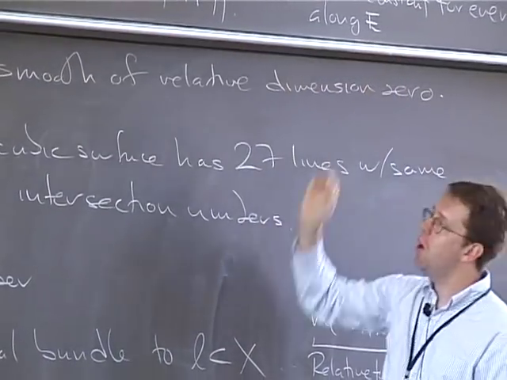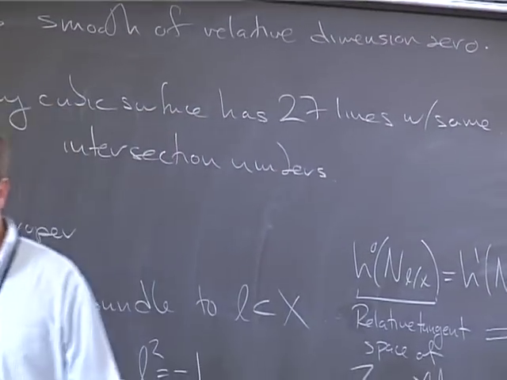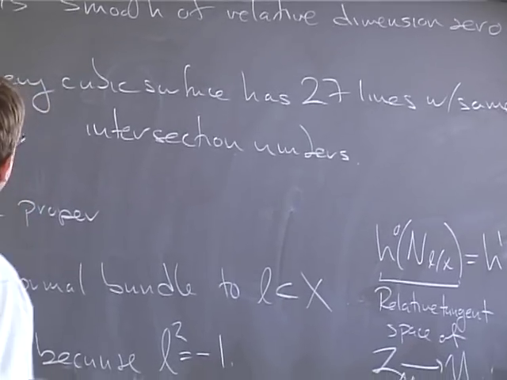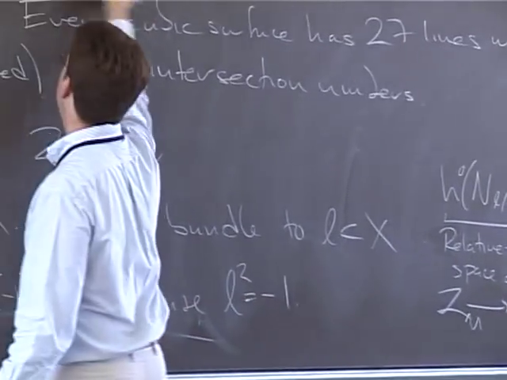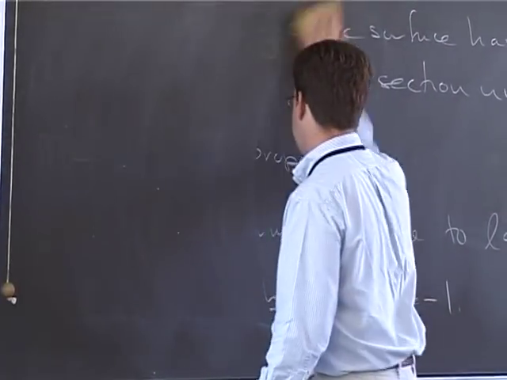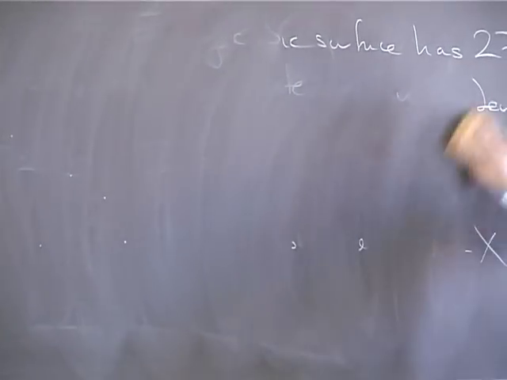Now, once we have this, we have pretty good control over all birational maps between smooth projective varieties. So let me show you how this works.